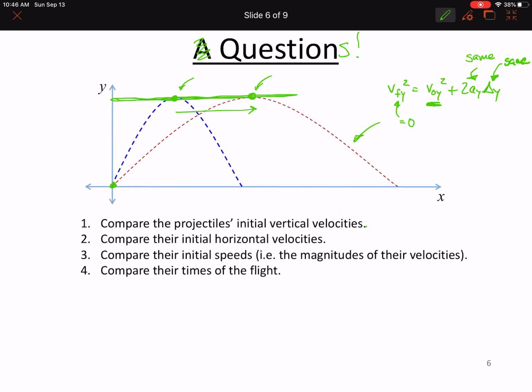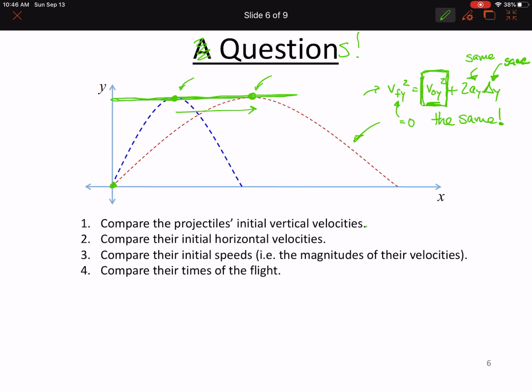Well, the left-hand side is the same. This is the same for both of them. Every other factor in this equation is the same for both of them. And so the initial vertical component to their velocities must also be the same. That is a counterintuitive thing, typically, for people, but it comes straight out of the math.